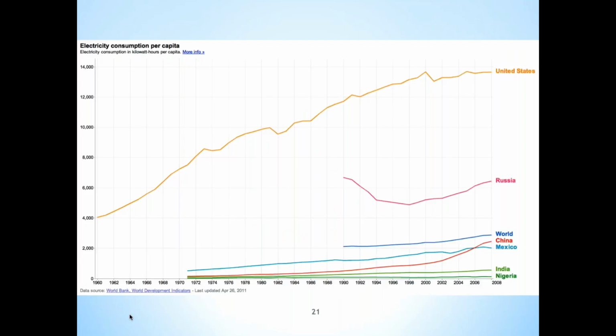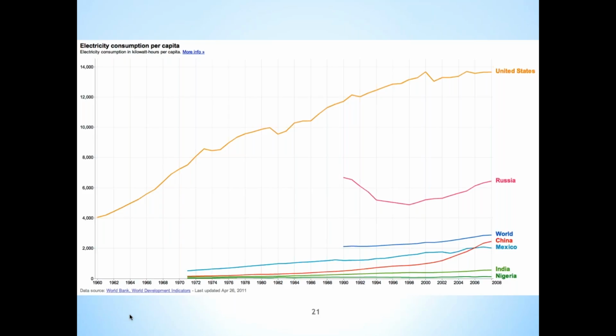This gets even more interesting. Here is the electricity consumption per capita in kilowatt hours in each of those years. So here's kilowatt hours per person in each of these years. Look who wins going away in terms of kilowatt hours consumed per capita: the United States. Russia is next. Look where China is, and look where India is.